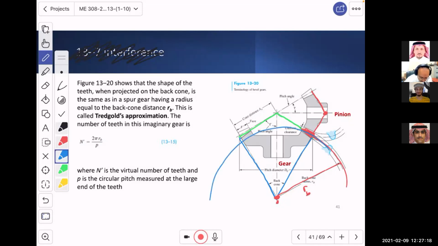And if you do the same, looking at this as R_B, and drawing this radius where the engagement between the teeth is happening, you will have another one.